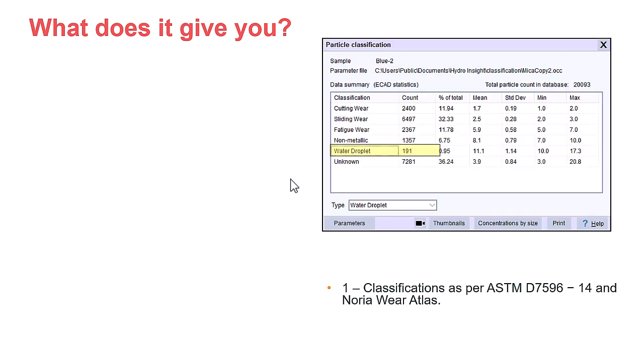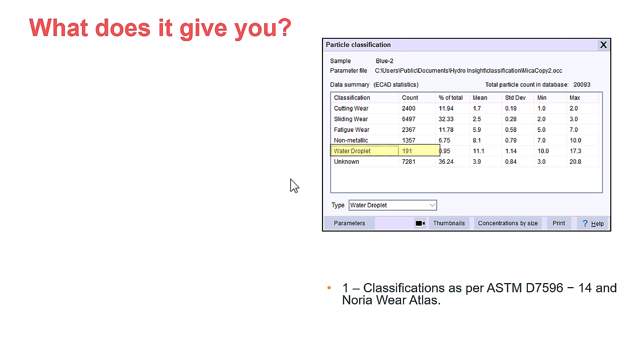Now, what else does it give you besides that? In addition to looking at the classification codes, you actually have the ability of doing an analysis and classification by type of wear. This wear classification is mentioned in the ASTM D7596, but it's mentioned in great detail in the NORIA Wear Atlas. What I really like about the NORIA Wear Atlas is that it gives you a lot of images.